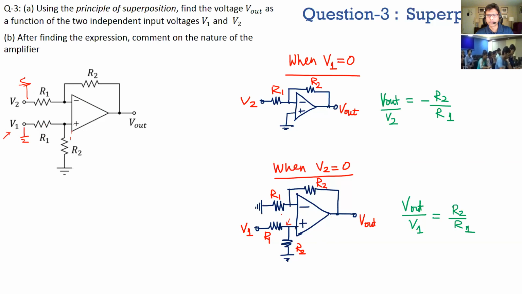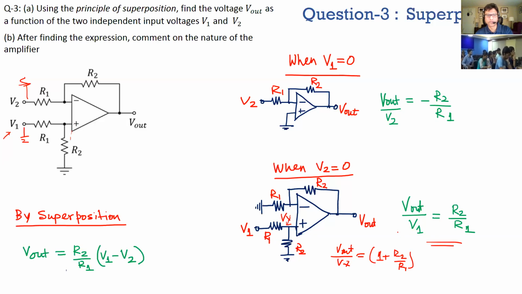So, for example, let's say we call this node Vx, then V out over Vx is a non-inverting configuration, which is 1 plus R2 over R1, right? But then you find out that Vx is actually R2 over R1 plus R2 times V1. You substitute that here, you'll get this expression. And then you add these two, then your V out is R2 over R1 times V1 minus V2.